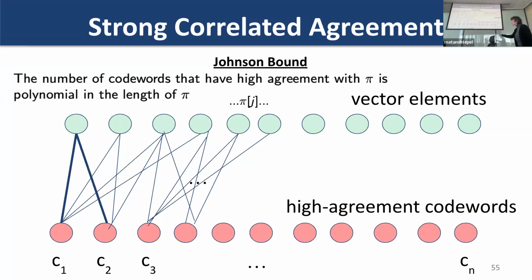We're going to bound the number of code words on the bottom, at a high level, as follows. On one hand, every code word has high agreement, so the degree of every code word must be greater than a certain amount. But the minimum Hamming distance of our code says that any two of these code words can only agree on at most 1 minus delta locations.